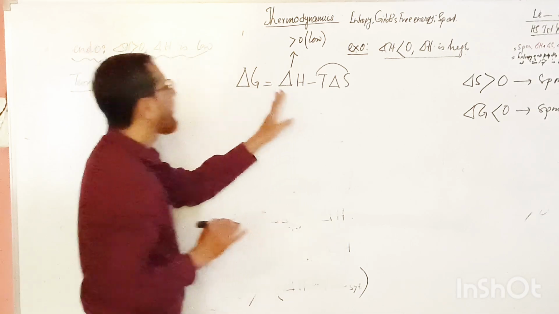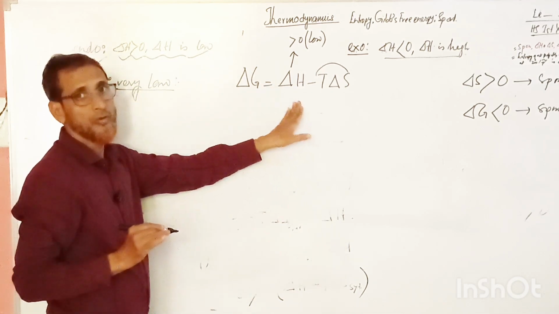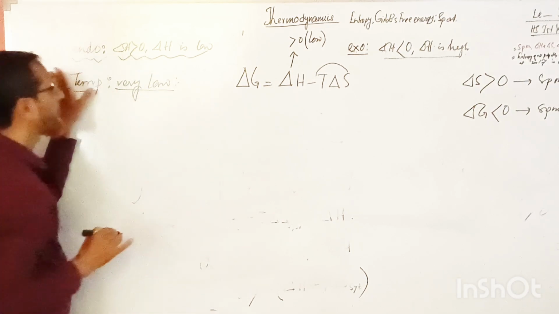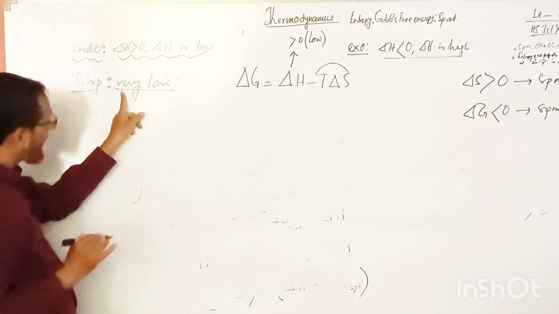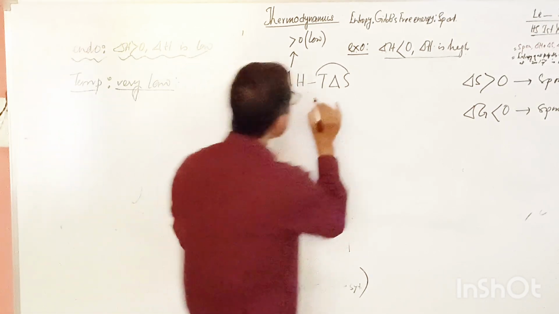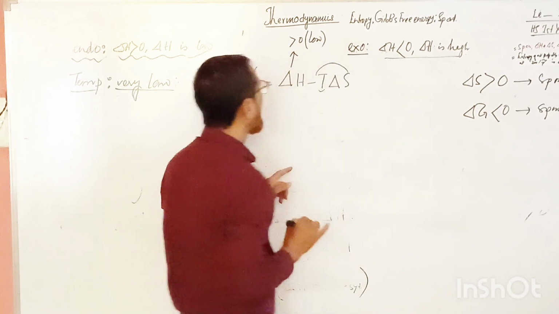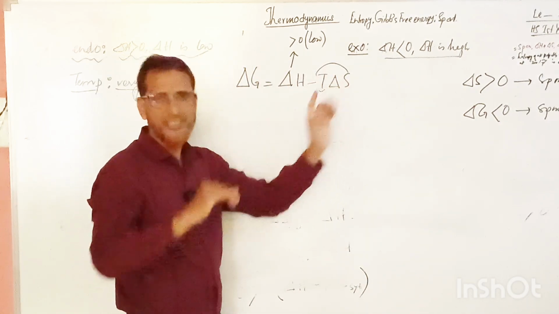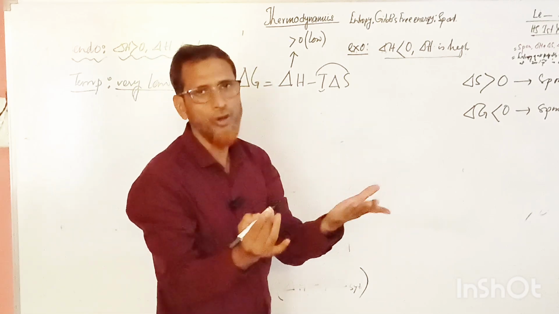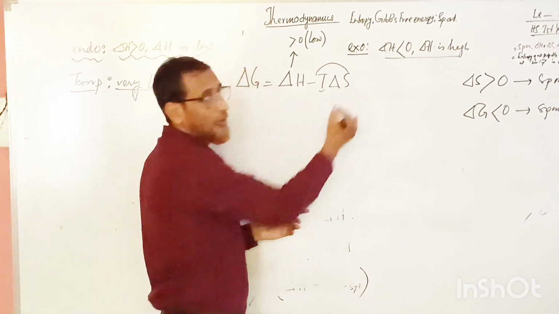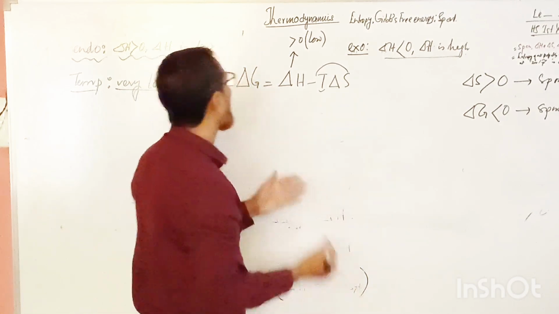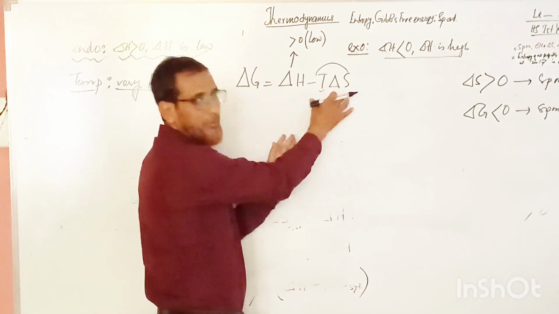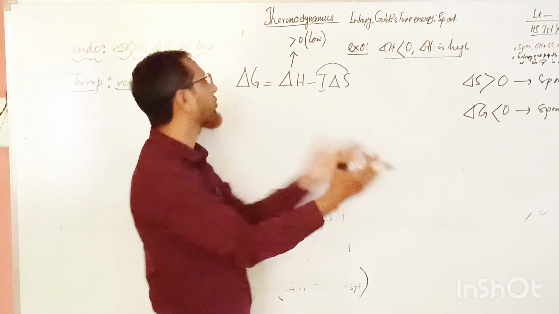At a very low temperature, the entropy, meaning randomness, will also be very low. So low into low again will be low. So the product of this low temperature and entropy may not cross this positive value.